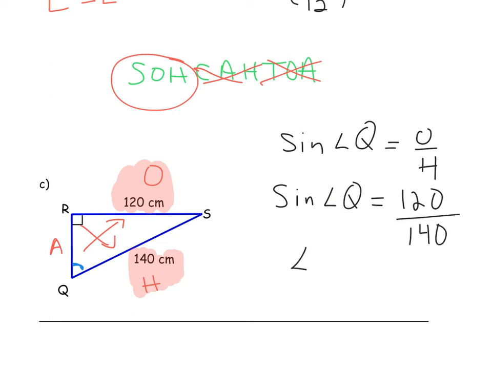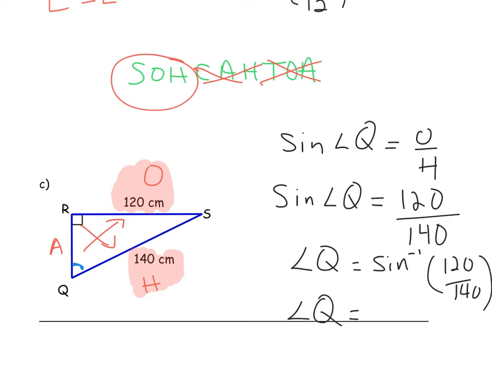So now I'm going to isolate my angle Q by saying that's equal to sine to the -1 of 120 over 140. And there I have it. So angle Q is going to be, when I put this into my calculator, you should be getting 59 degrees as your answer. Again, if you're struggling with calculator use or anything for that matter, feel free to reach out and we will try to work together to solve the issue.